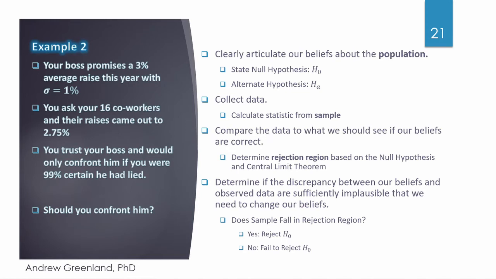And then we're going to determine if that 2.75% raise is among the 99% of things that we would have observed just due to sheer sampling error and chance. If it turns out that it is among that 99% of outcomes that are reasonable, we're going to fail to reject the null hypothesis. That is, we're going to say that what we've seen here is not enough evidence to contradict the boss's claim.